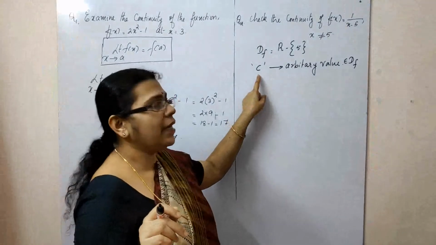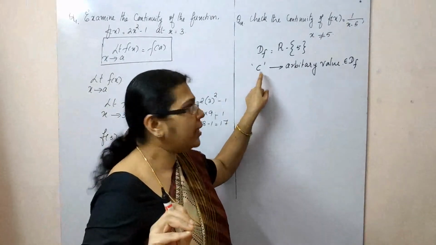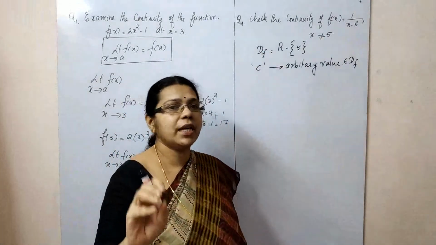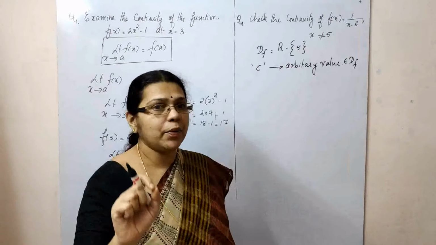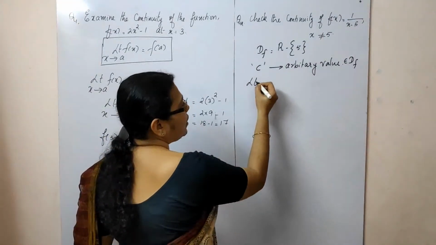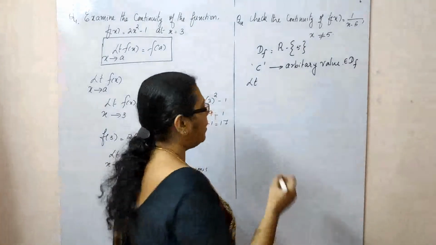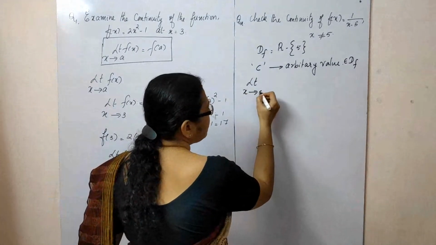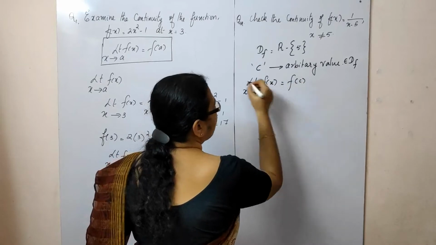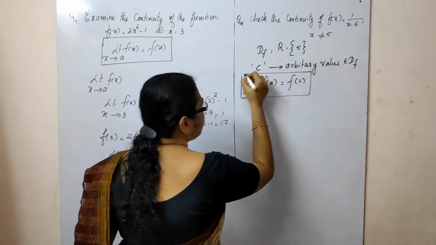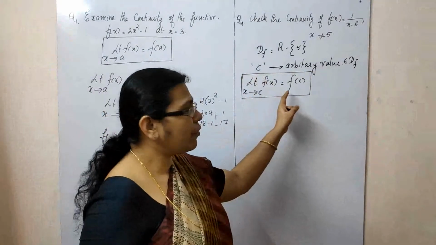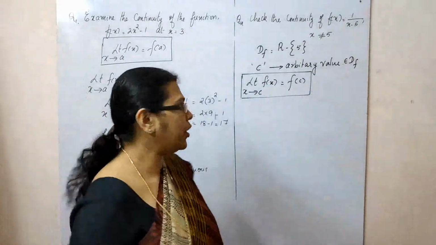So I am taking any arbitrary value C that belongs to the domain of the function, and I am going to check for the continuity at that point C. Okay, so now to check for the continuity, what do I must check for? Limit x tends to C f of x is equal to f of C or not. This is what I need to check whether this statement is true.